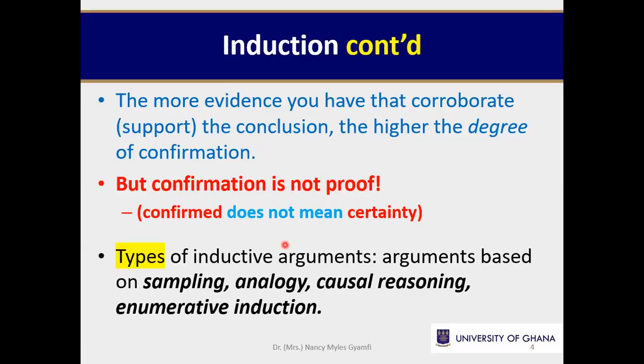Why? Because it is still possible to encounter Mr. Johnny Bravo, who is not like them, who will be the exception to the rule. That's what we call the counterfactual. And if it is possible to encounter a counterfactual, then this counterfactual can nullify your claim.